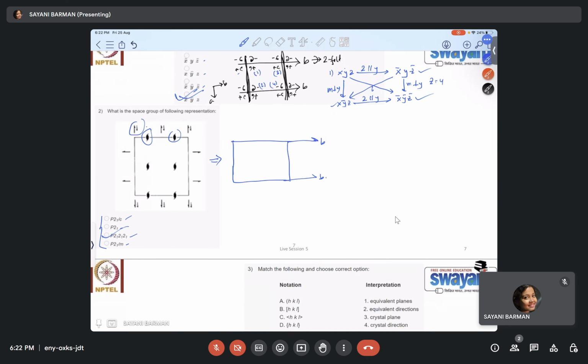You can write 1/4 here. And there is also a 1/4 origin shift along the a axis. This is a, this is b direction. So in the a direction it's already written. Now the z direction, or c direction, is perpendicular to the plane of projection. Hence it will be here.